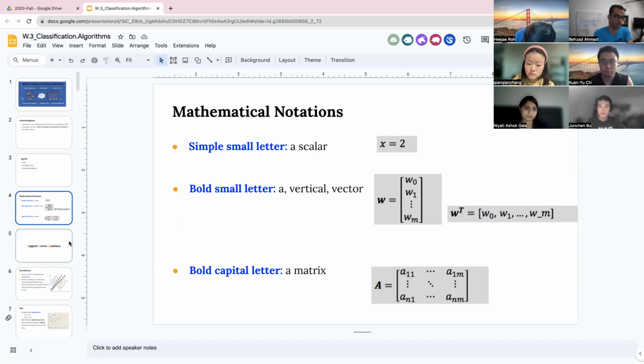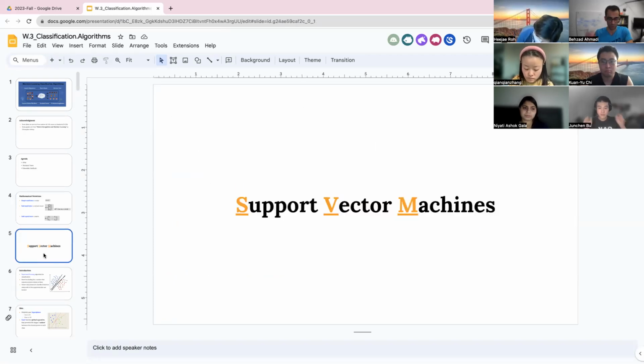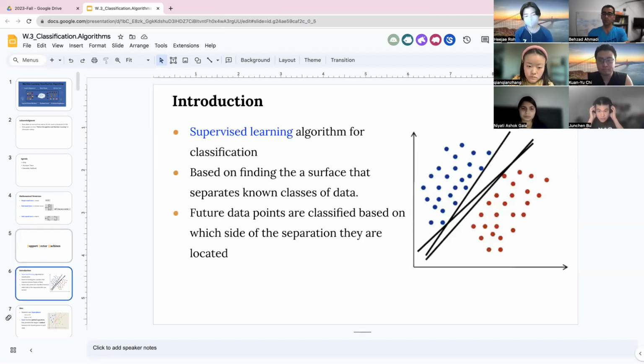All right. Okay, so let's begin with the notion of support vector machine. So we talked about this last session and also in our previous course, which is basically the idea of a supervised learning algorithm, right?